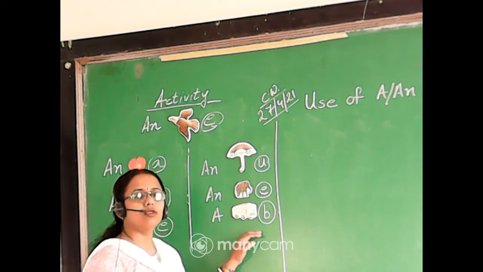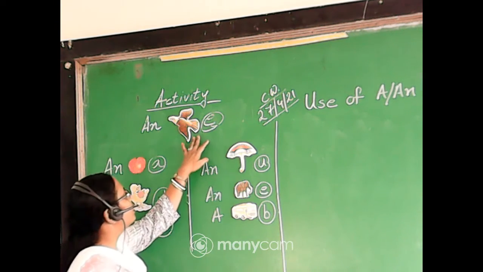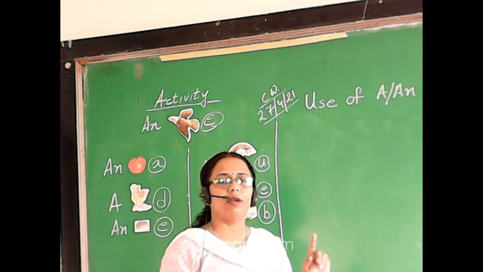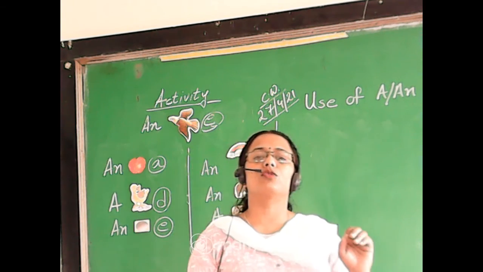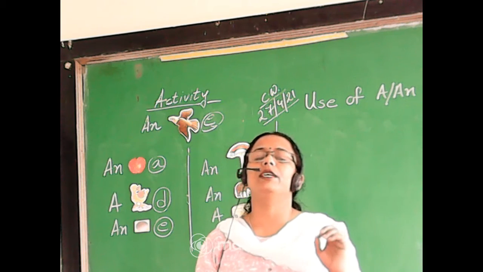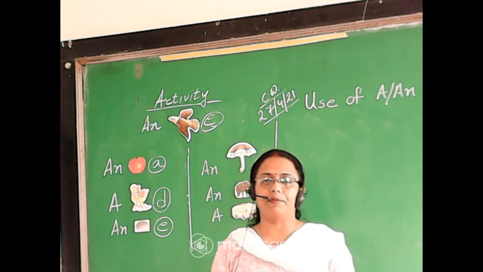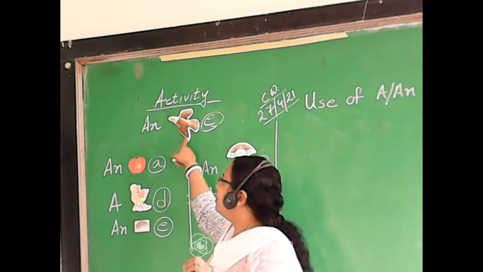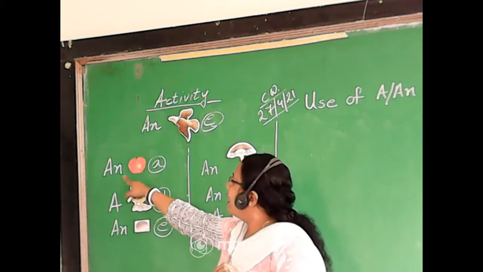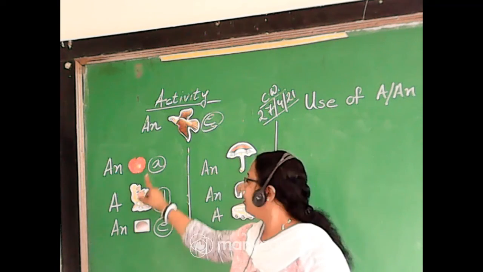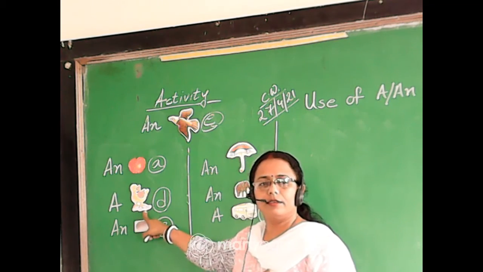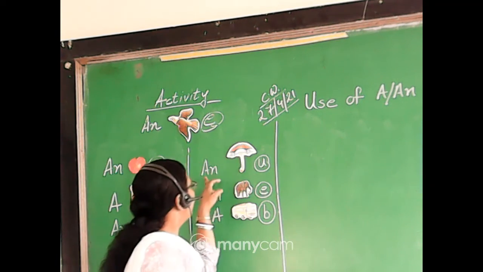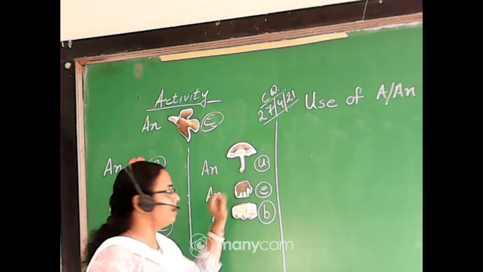It's a consonant. The words which start with a vowel, we have placed an before them. The words which start with a consonant, we have placed a before them. So let us see. An eagle. An apple. A duck. An egg. An umbrella.